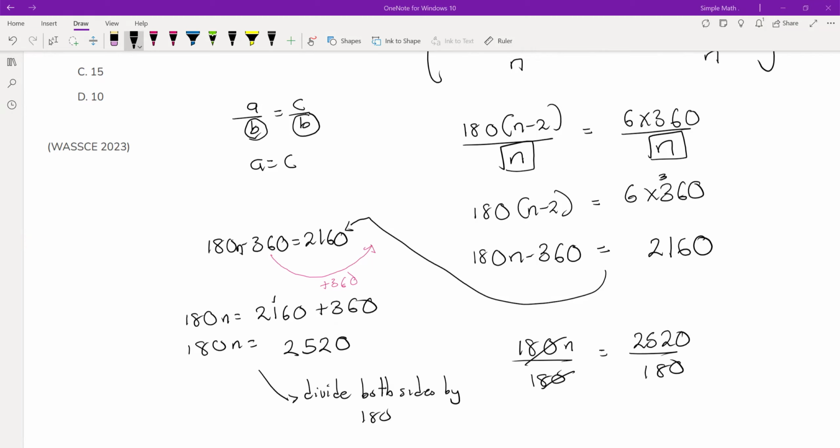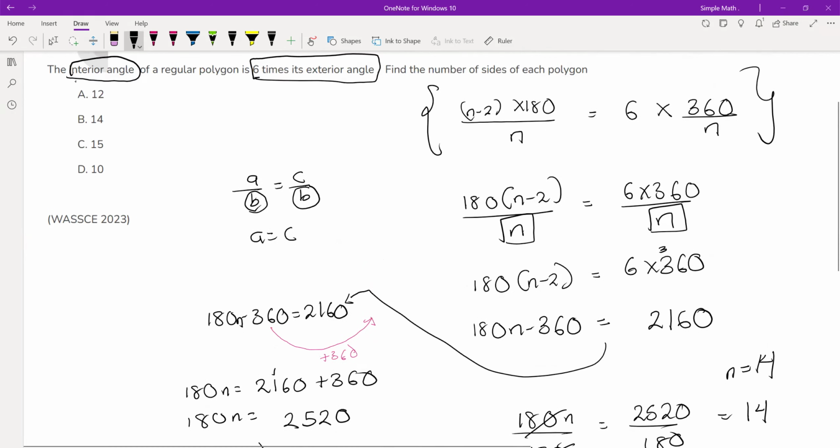I'll just do it on my calculator. 2520 divided by 180 gives me 14. So it means that n, the number of sides, is equal to 14. That's how you do it. Okay, so n is equal to 14. Let's see if that's in the options. Yeah, that's option B.